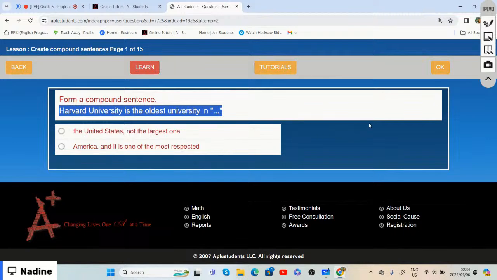We need to choose the specific option that joins this simple sentence in order to create a compound sentence. Keeping in mind, to make it easier, a compound sentence consists of two simple sentences joined by a comma as well as a coordinating conjunction. A coordinating conjunction can be and, but, or so.